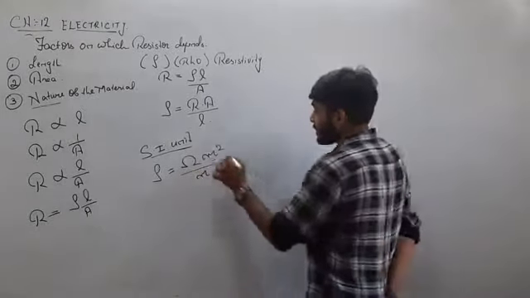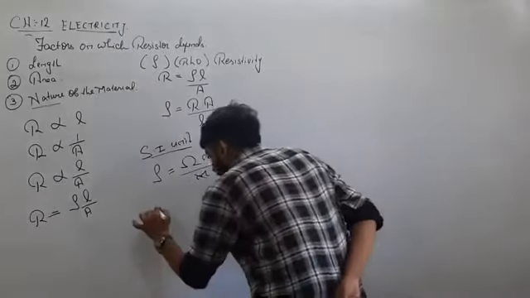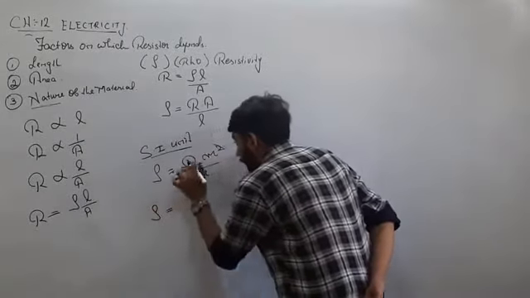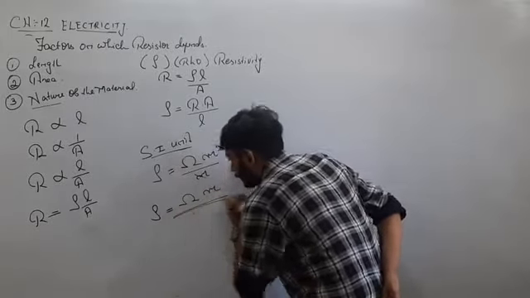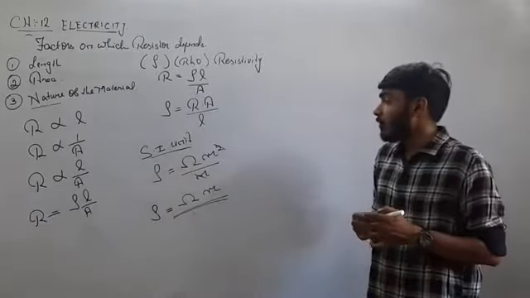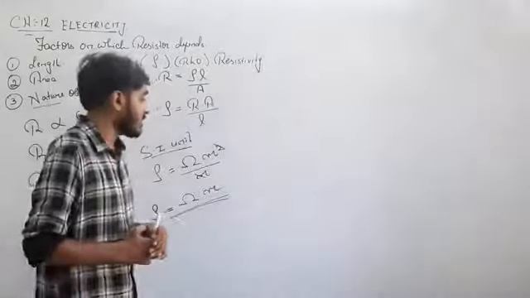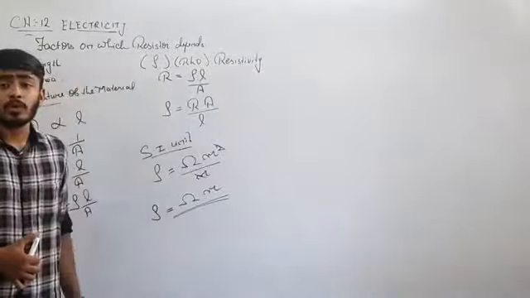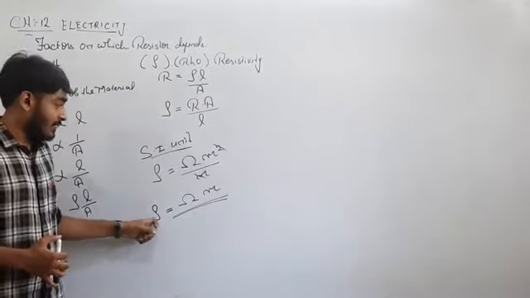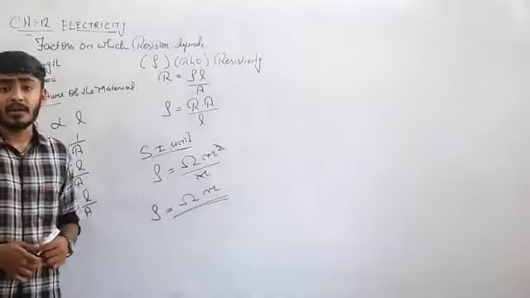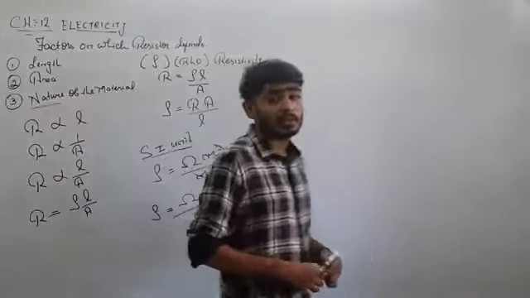So we can cancel the square and m, and the SI unit becomes ohm meter. The SI unit of resistivity is ohm meter, whereas for resistance it was only ohm. Fine. I hope you are clear with this.